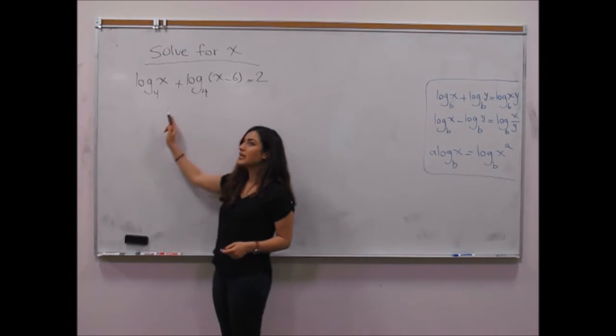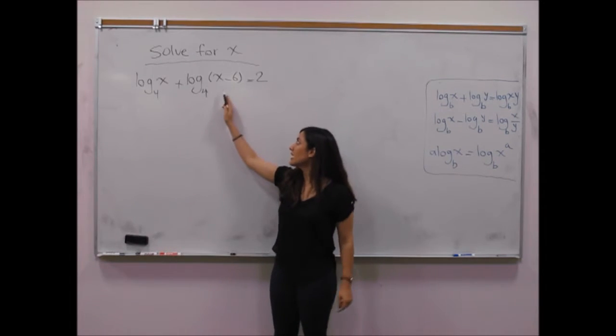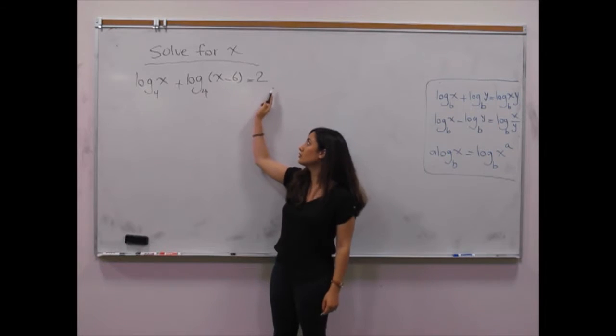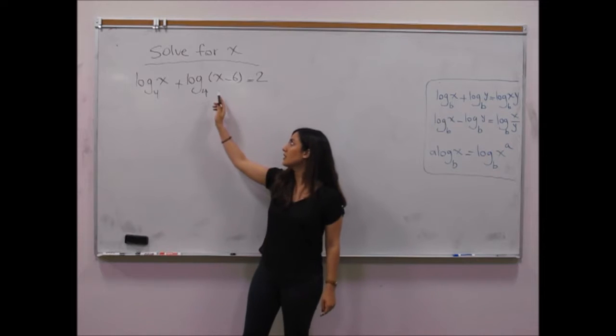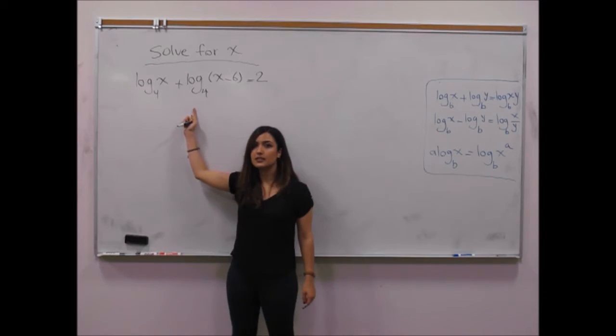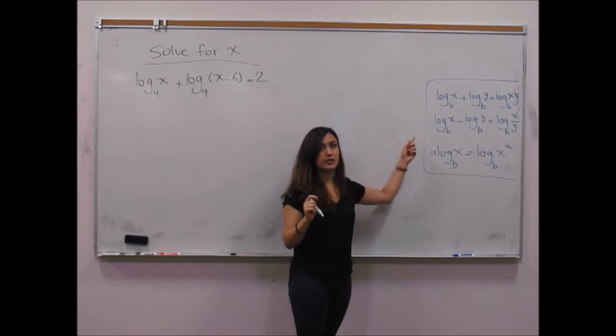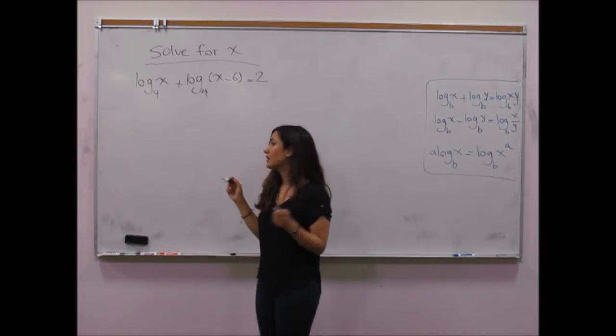Alright, here I have another example. Log of x base 4 plus log of x minus 6 base 4 equal to 2. As you can see, I have log of something plus log of something else, and the bases are the same. So by the first property, I'm going to rewrite that as one log.